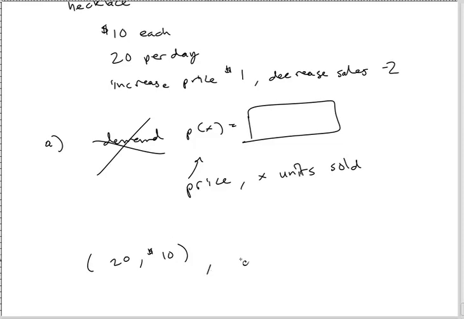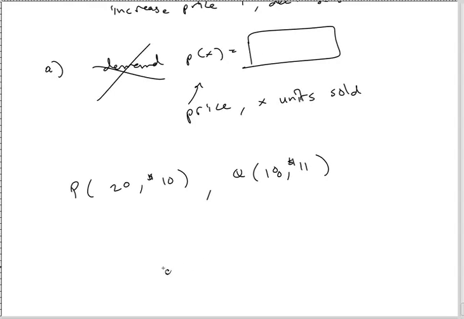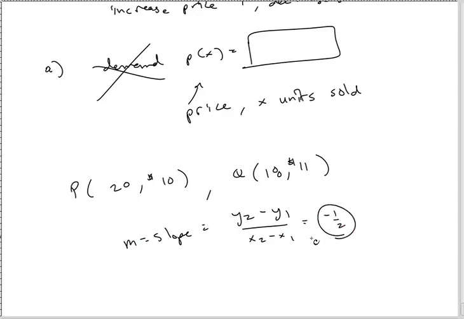We have another point, so let's call that point Q, where we only have 18 whenever we sell them for $11. And what you can do here is find a slope. Y2 minus Y1 over X2 minus X1. Skip the math, and we get a -1/2 slope.